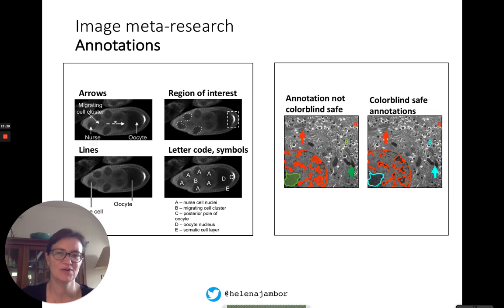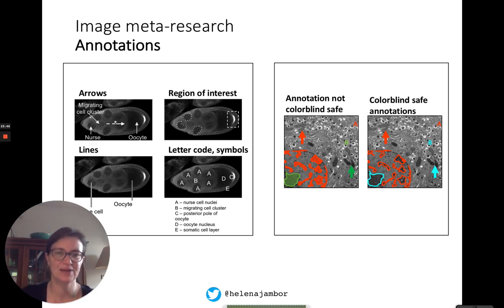But then of course we also have often colored annotations so that certain areas are filled in order to be visible as a nucleus or a sub-region in the nucleus or something like this. So there are lots and lots of different kinds of annotations in images.